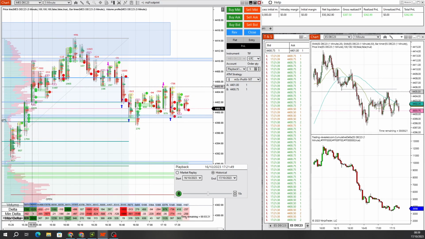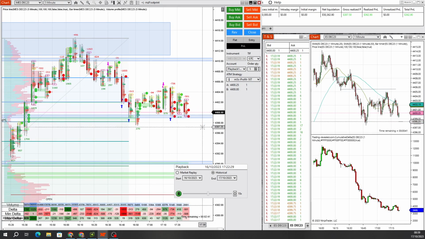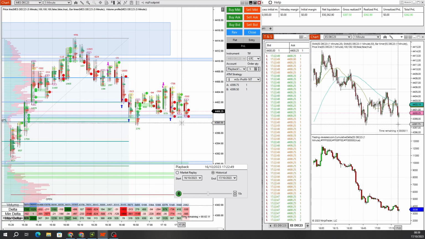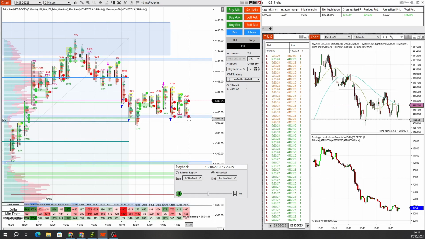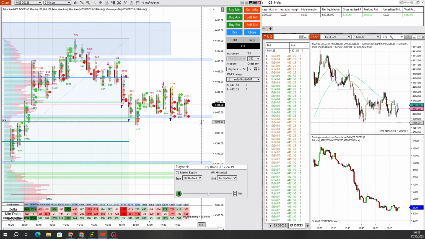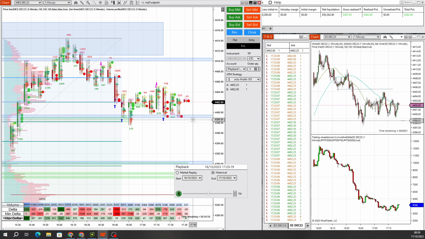One more time. The closer we get to the 18th hour, 6 p.m., the more you have to be cautious about taking positions in this range.